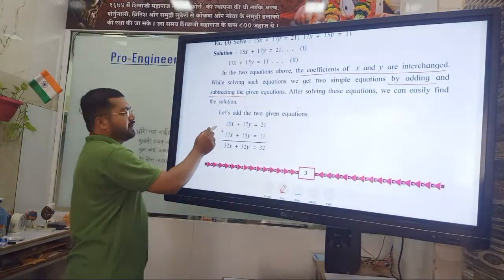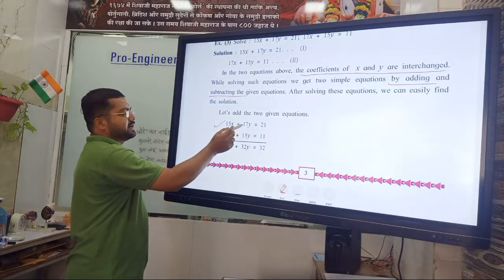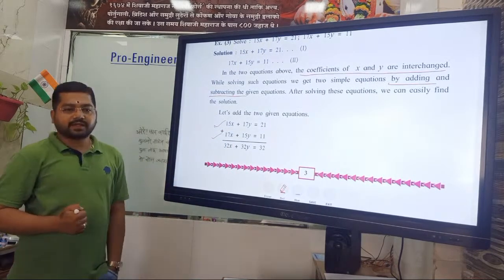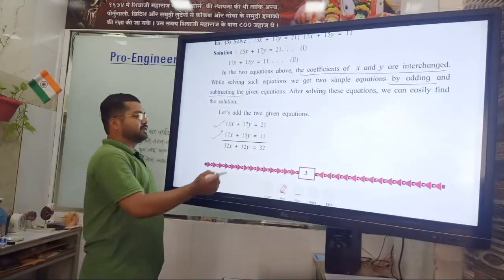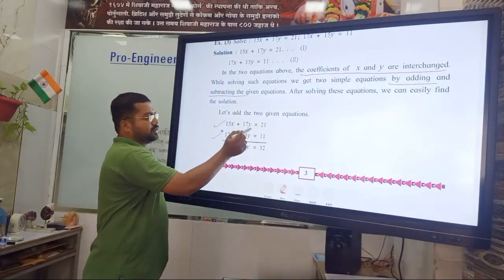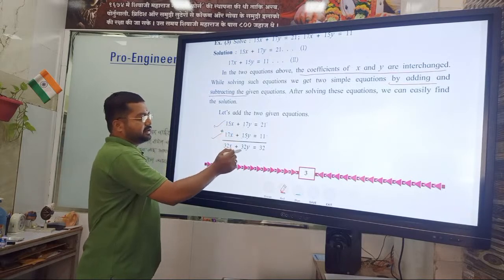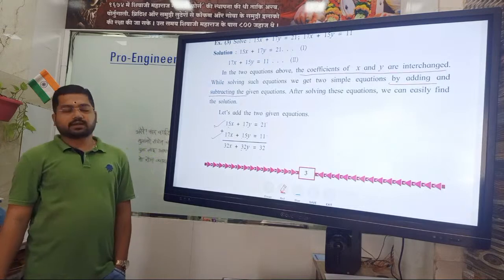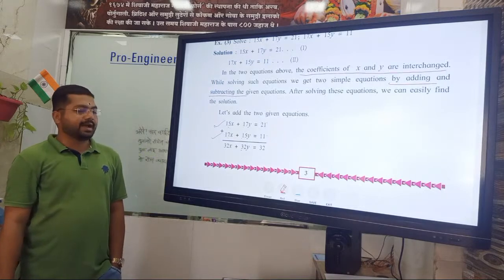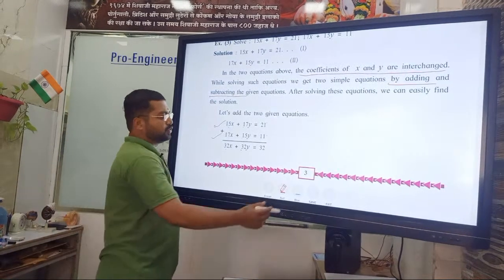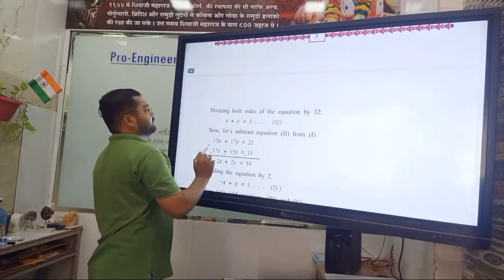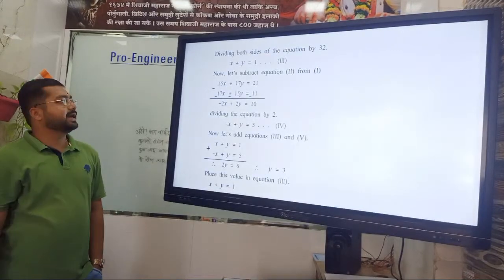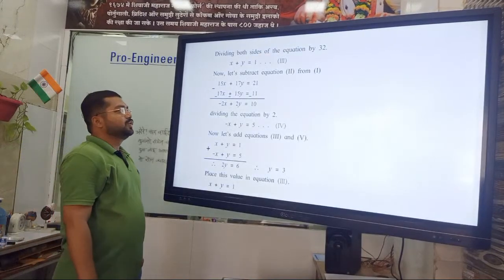So here what we have done: 15x plus 17y equals 21 is added to 17x plus 15y equals 11. 21 plus 11 is 32, 17 plus 15 is 32, 15 plus 17 is 32. So we got 32x plus 32y equals 32. Dividing all sides by 32, we'll get x plus y equals 1.